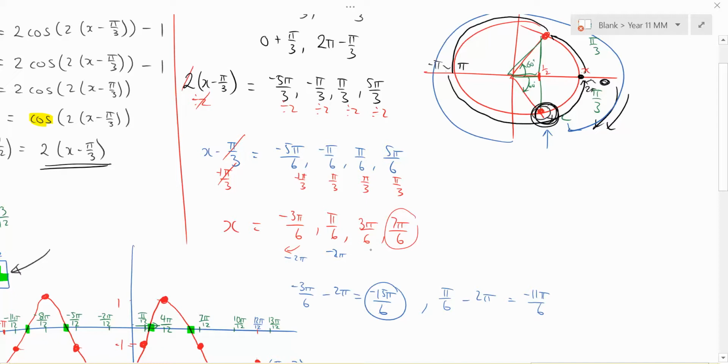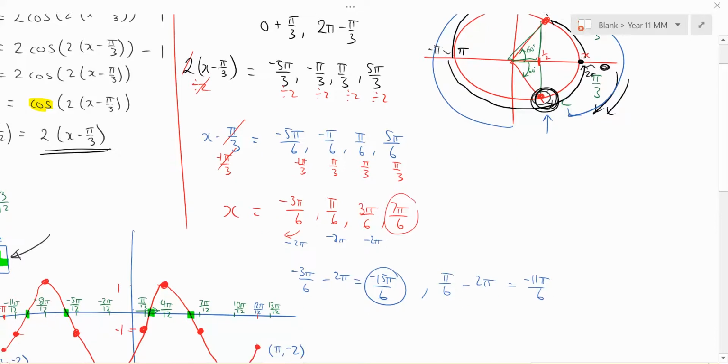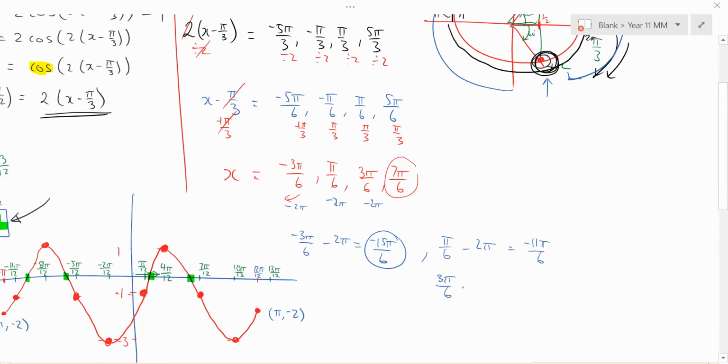So I'm going to test the other ones as well. Let's test the 3 pi on 6, so minus 2 pi. What about 3 pi on 6 minus 2 pi? And that gives me what? Negative 12 plus 3, negative 9 pi on 6. And that's still too big. And then finally 5 pi on 6 minus 2 pi.